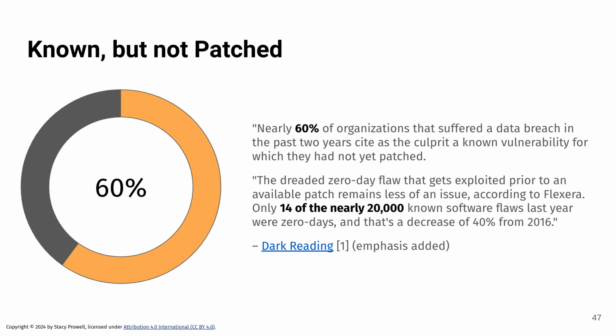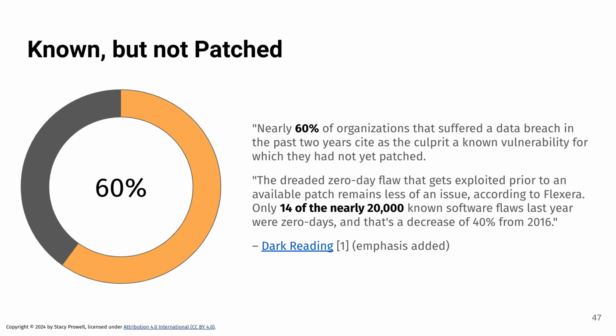And that's a decrease, right? You don't need 0 days when the other stuff will work. And it's probably easier because there are GitHub repositories of proof of concept code you can go and read. So you can go and read how the exploit works and then try it out because people haven't patched these systems.